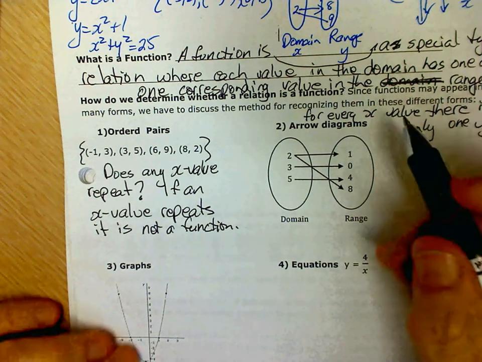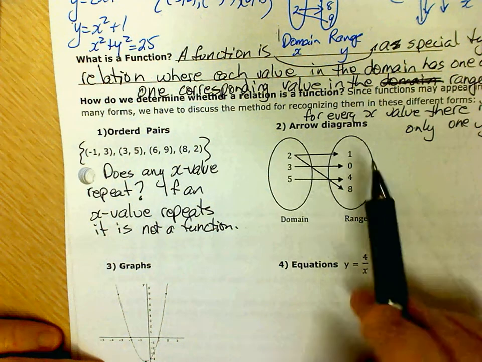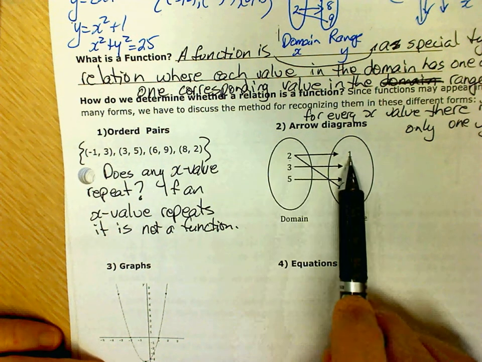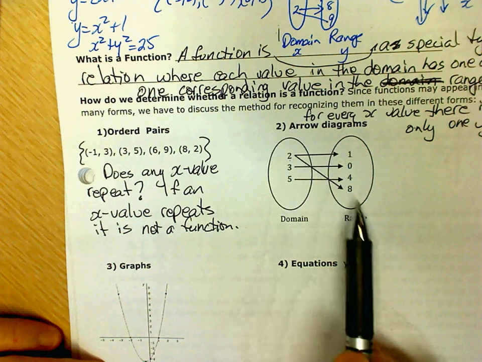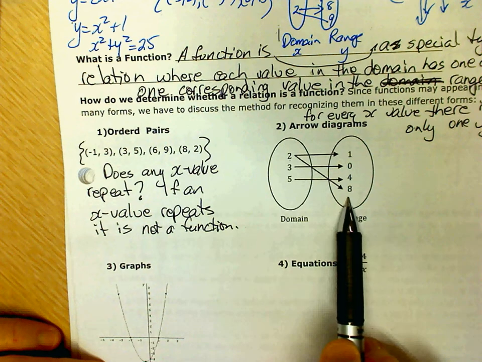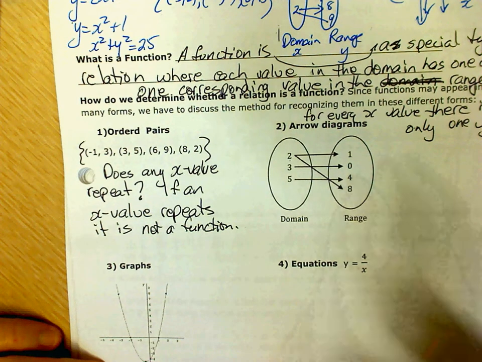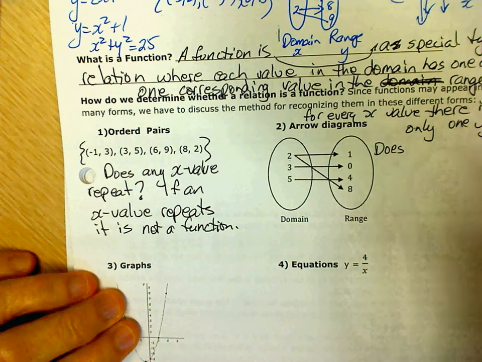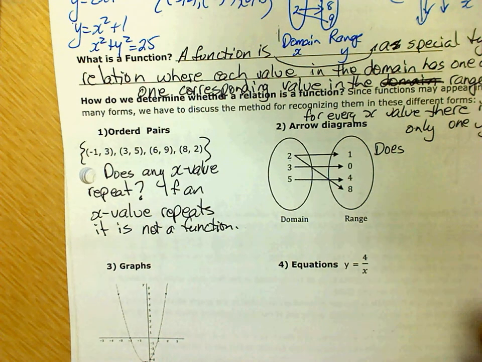So what about if we have arrow diagrams? Notice the x value 2 has a y value of 1 as well as a y value of 8. So right away we know it's not a function. Am I going too quickly? You're okay?